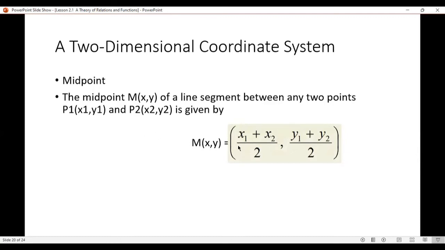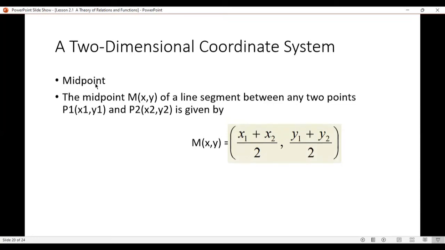Ang gagawin mo lang, yung abscissa ng dalawang points, kuhanin mo lang yung mean or yung average. Ganun din yung ating ordinates, the average or the mean of the ordinates, divide mo lang sa 2 para makuha natin yung midpoint.